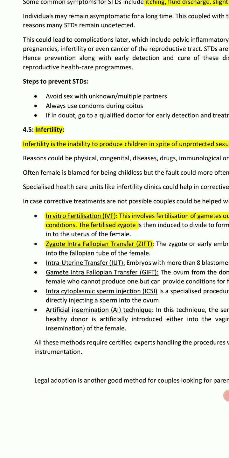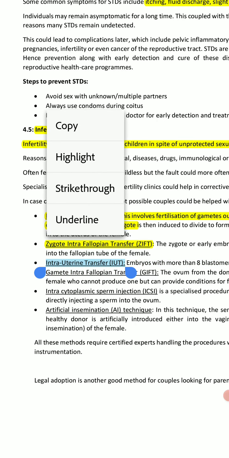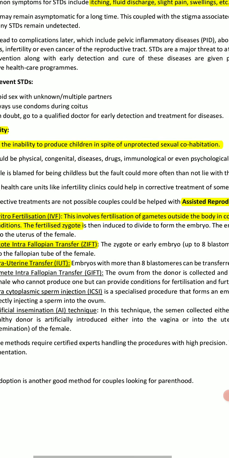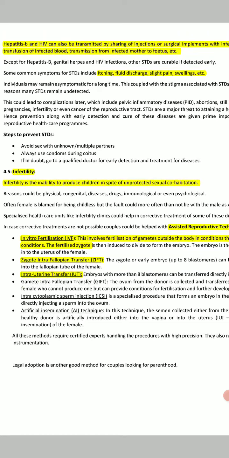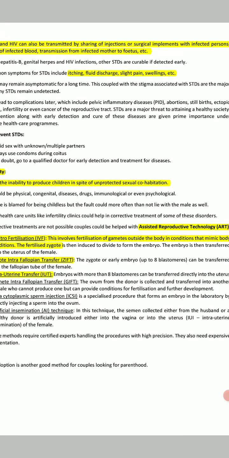Next is the intrauterine transfer. What happens in the intrauterine transfer? The embryos with more than 8 blastomere stage. In the human reproduction chapter you have already studied the meaning of the 8 cell stage, the 16 cell stage, the 32 cell stage, and blastomere.